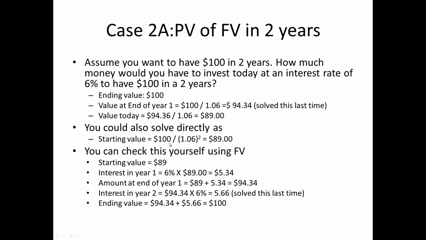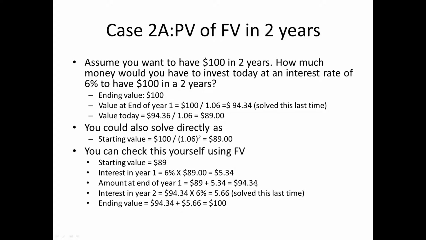Now, mathematically, instead of doing it by the steps, we could use the discounting formulas that we figured out just a couple of minutes ago and go 100 divided by 1.06 squared, and that also equals the $89. And once again, since this is just a couple of steps, you can check it. If I invested $89 at 6%, it would earn $5.34 in the first year, and so at the end of the first year, I'd have 89 plus 5.34.